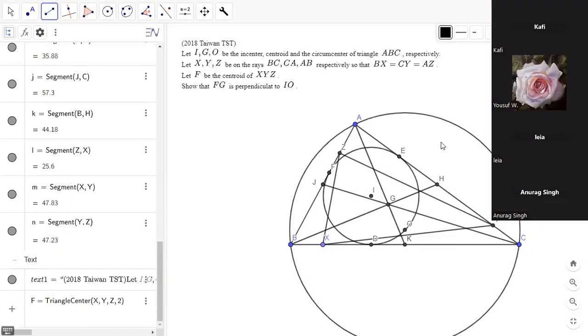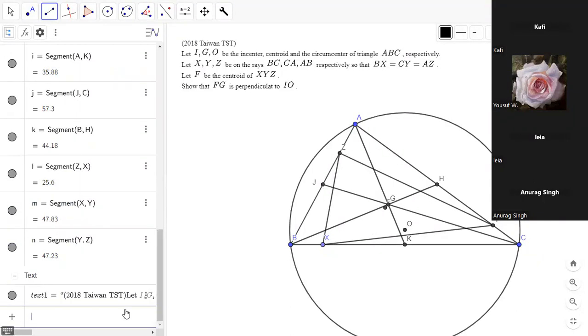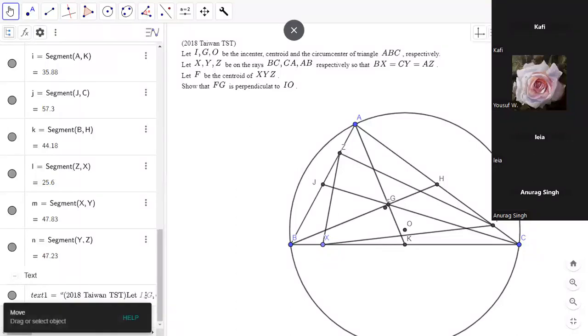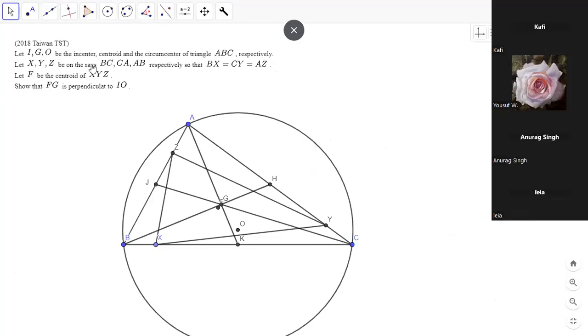Why did that not work? Wait, let me check actually. I guess I can be wrong. Oh, there we go.